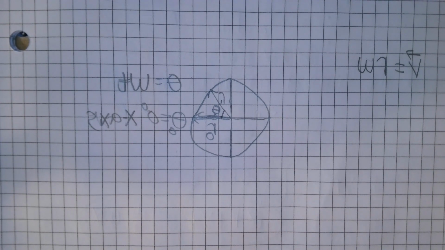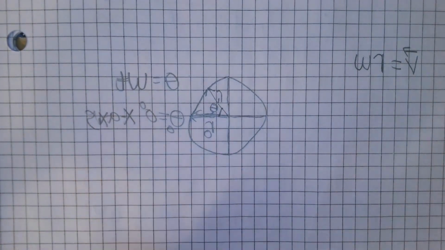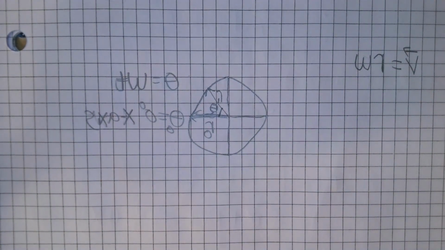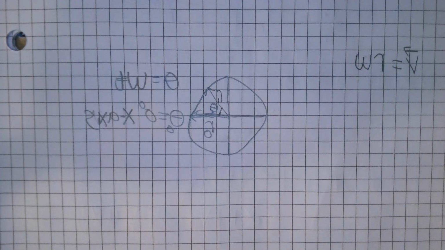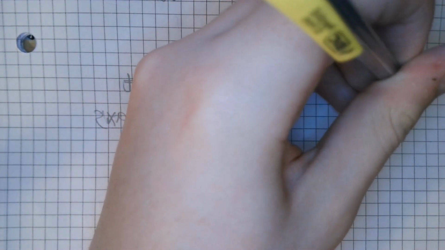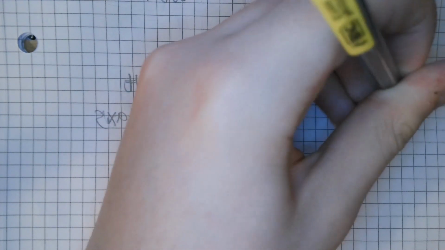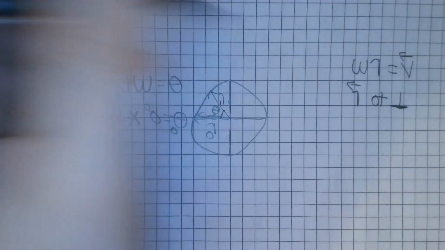And this is not a perfect circle, which is why it's not. But if we're assuming this is a perfect circle, r has the same value, magnitude, that is, at every point, but its direction changes. So we can already predict that this velocity is going to be perpendicular to our position vector r at any given time.